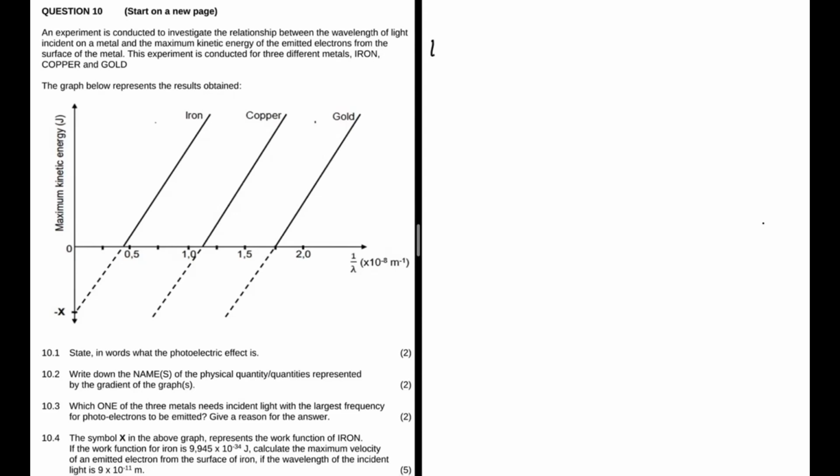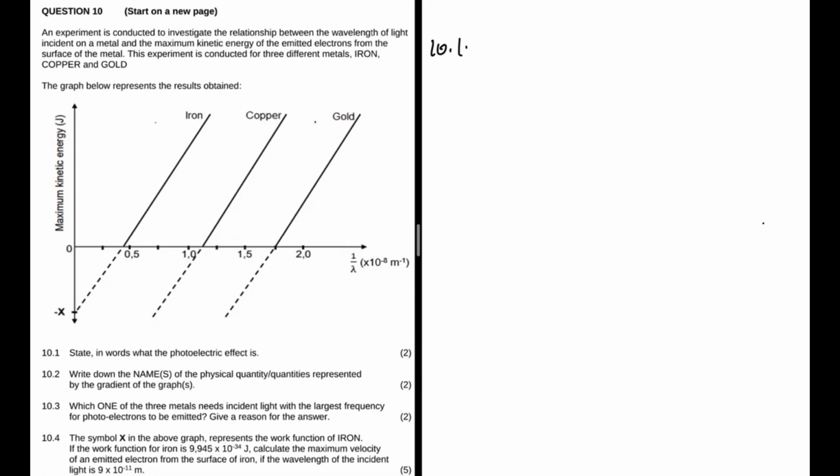And then 10.1 says, state in words what the photoelectric effect is, for 2 marks. That's basically the definition of the photoelectric effect, right?